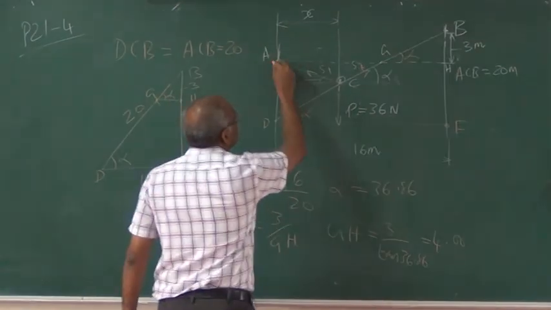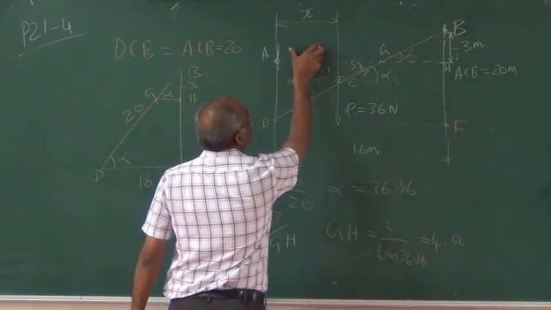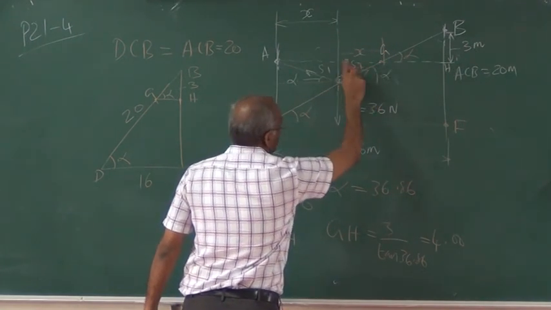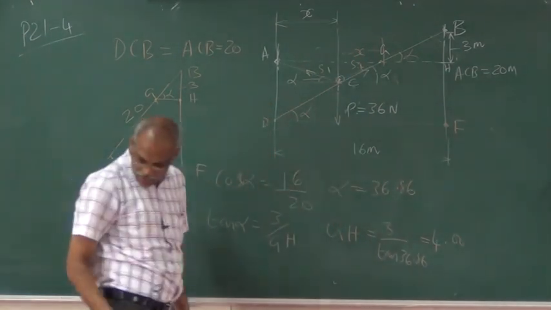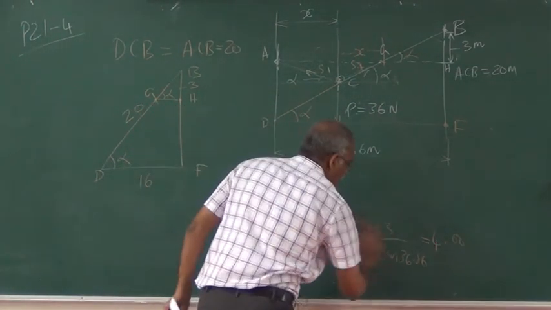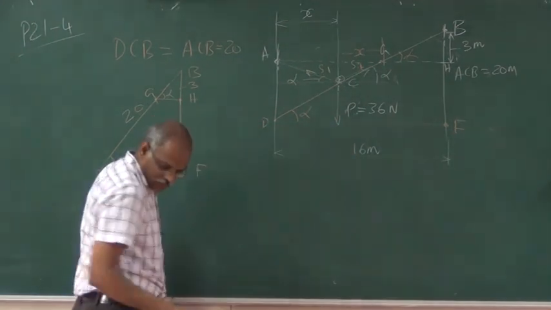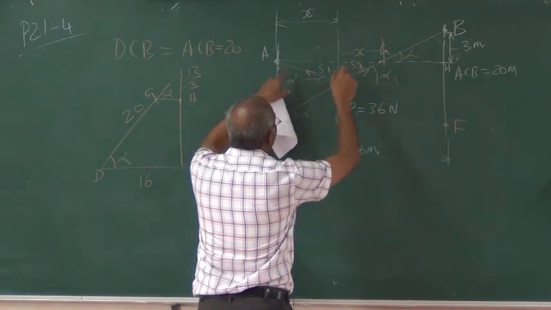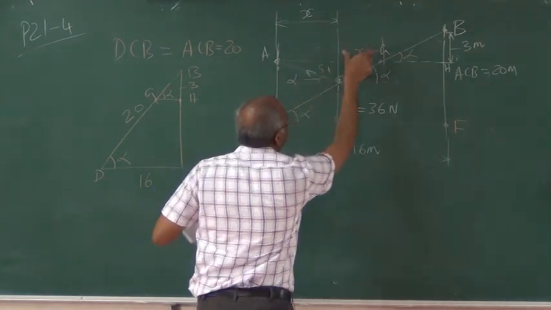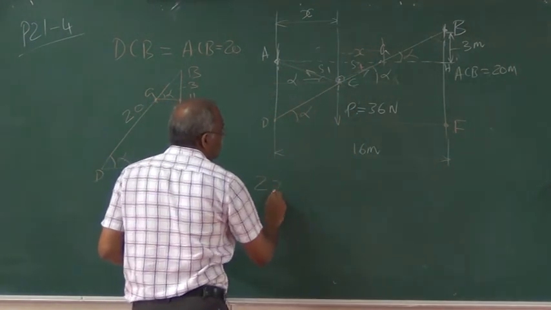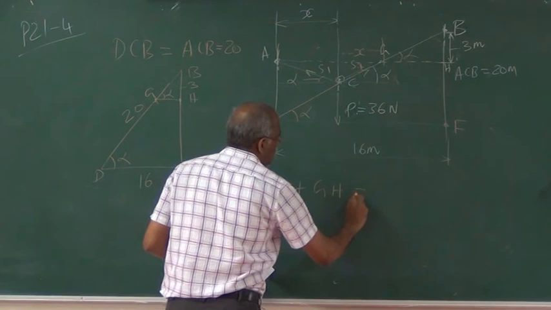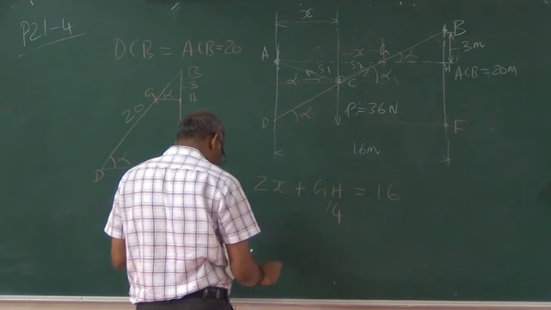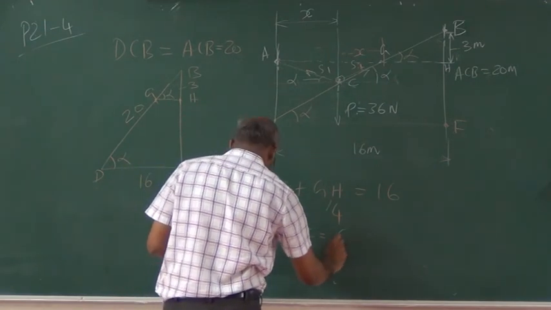Again, if you look at this triangle, this is X, this is going to be X, then 16 is equal to 2X plus GH. This is alpha, this is alpha, so this also makes an isosceles triangle. So we have found GH is 4. Therefore X is equal to 6.